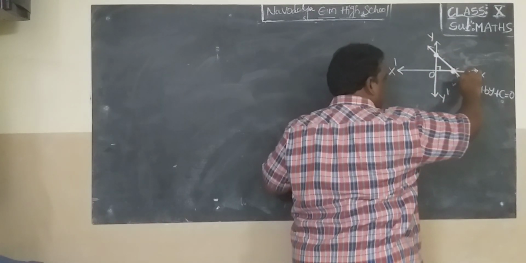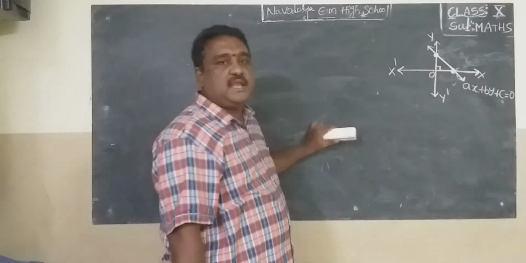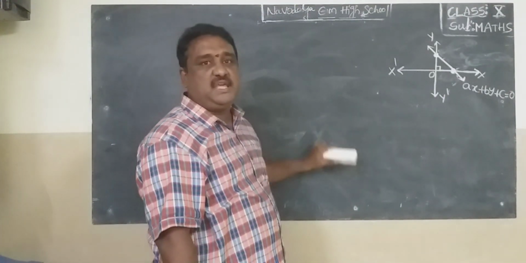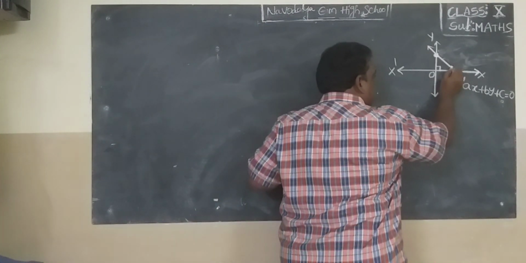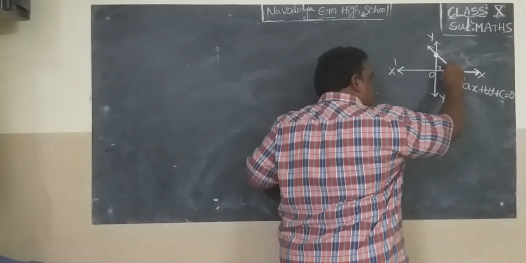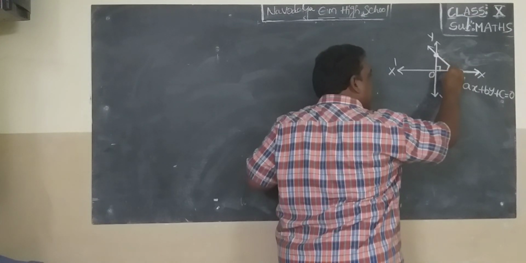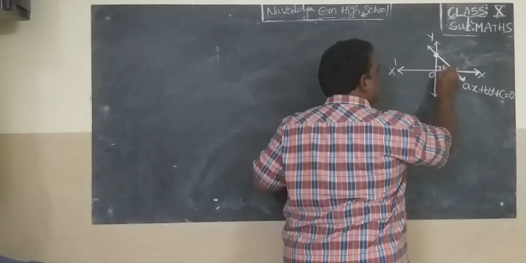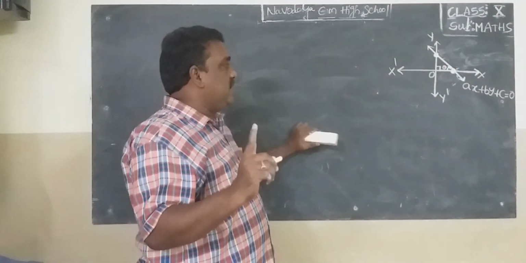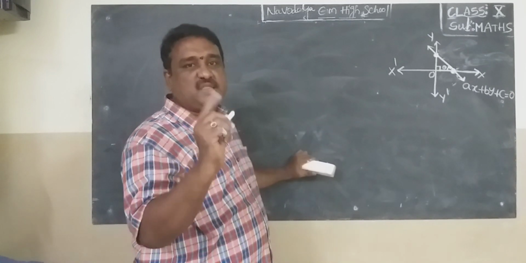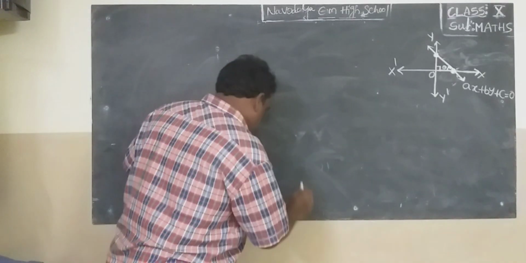See the diagram clearly. The name of the straight line is ax plus by plus c equal to 0, and it makes some angle with the positive x-axis in anti-clockwise direction. This is theta. Two points are important here. Number 1, positive x-axis. Number 2, anti-clockwise direction. Okay?